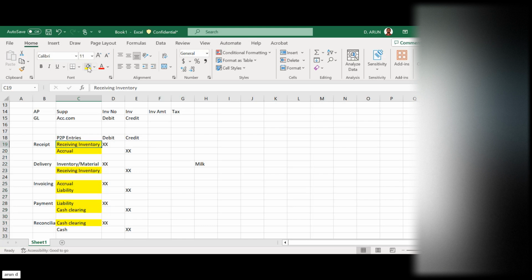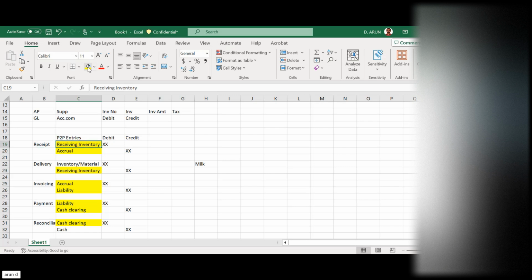So why do we call these temporary accounts or the contra account? Because these are not the permanent accounts which will stay as it is. Here I'm saying this is my material account, so let's call it 10,000 rupees. This is not going to change or get nullified. But the receiving account or the accrual account, if I perform a specific transaction, will be knocked off.